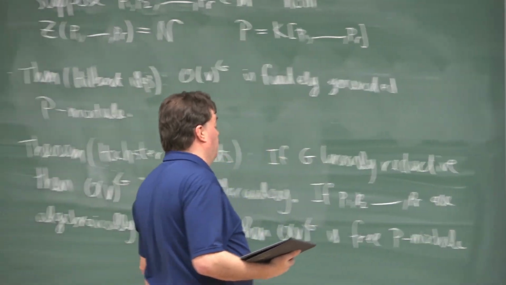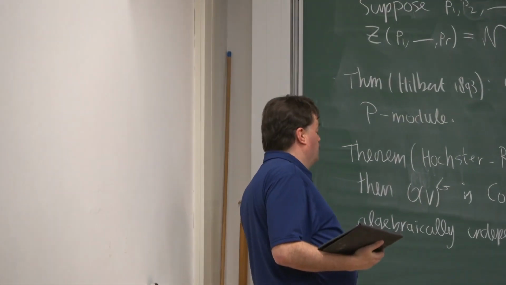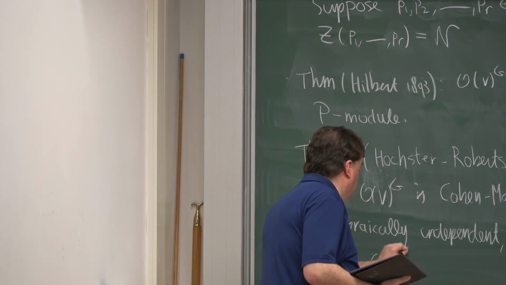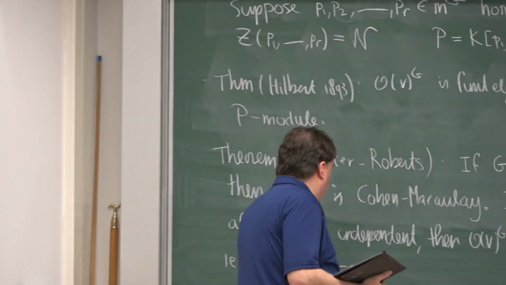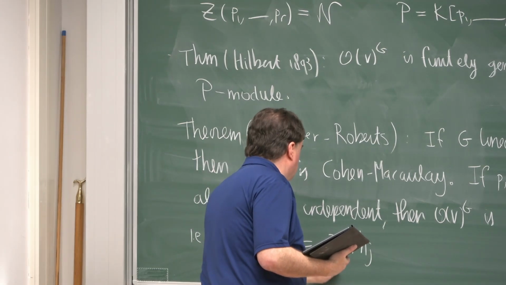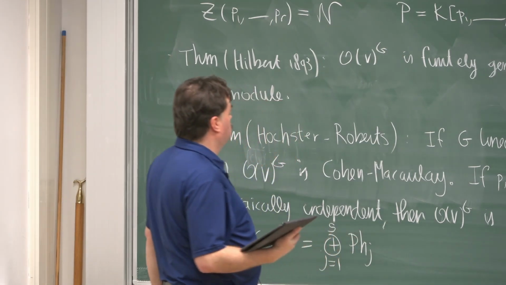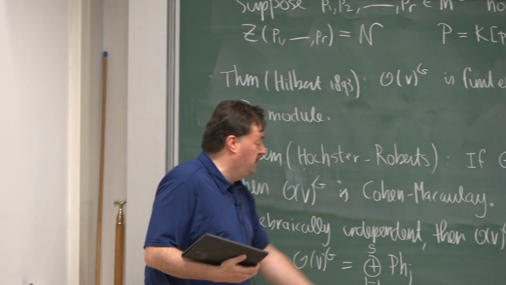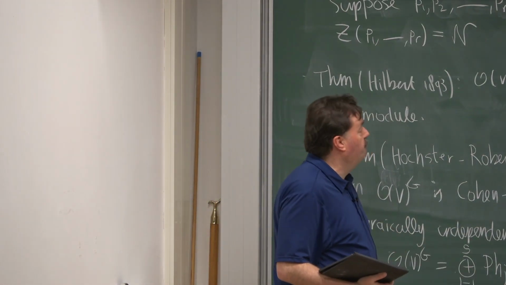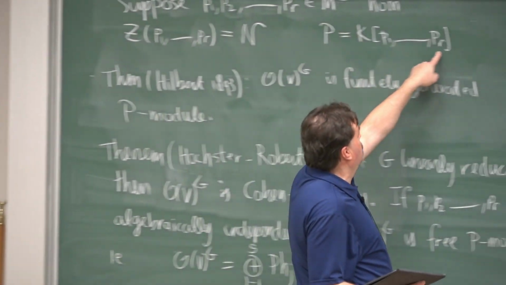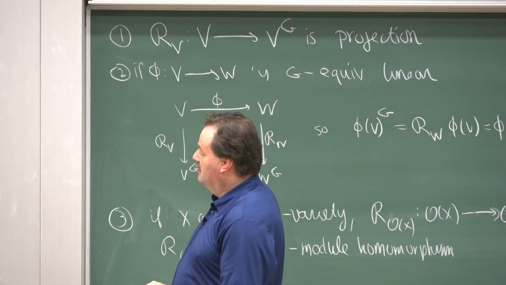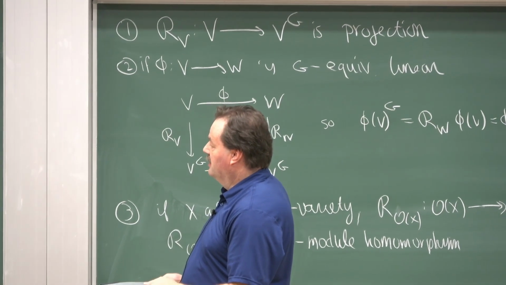And still finitely generated, right? So in that case, it means that we have a decomposition like this, right? Where these Hj are some homogeneous invariants, and P is the polynomial ring generated by some homogeneous invariants.